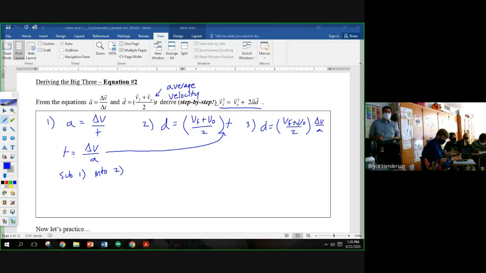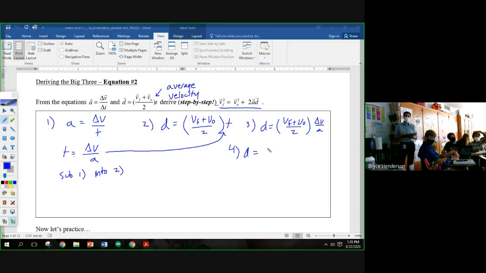Now, if I'm combining these 2, in other words, multiplying left by right, let's combine some like terms. So step 4, d equals... how would I combine these 2?